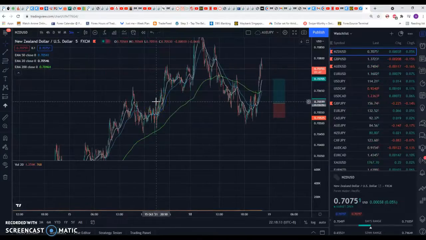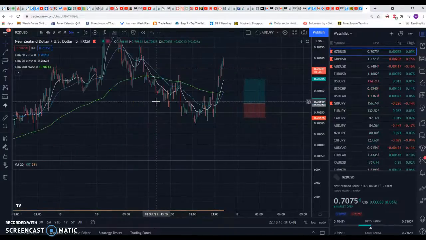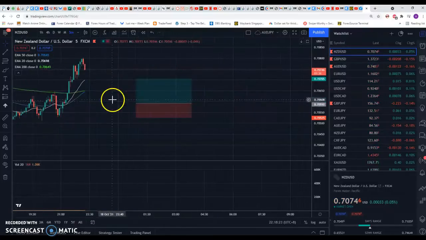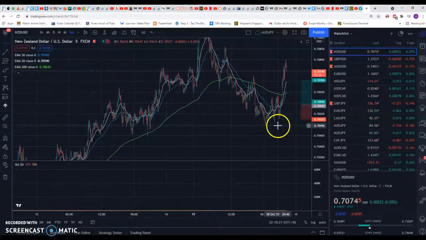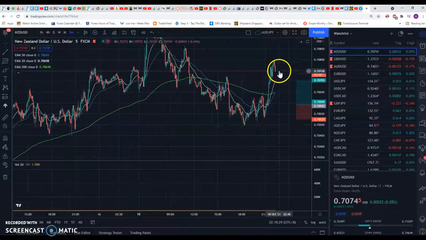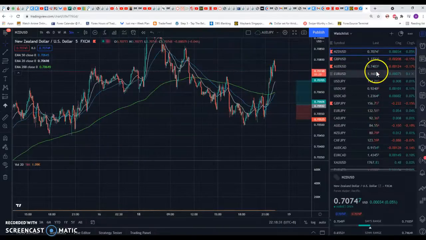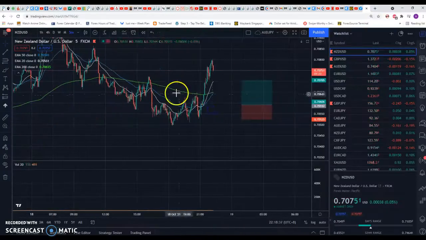So what did I do wrong or what did I do right? First of all, what I did right is picking the direction. Picking New Zealand over Australia is more positive.